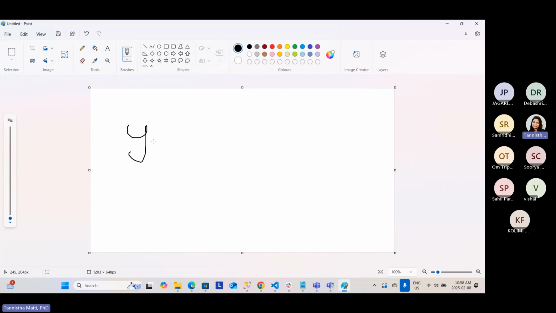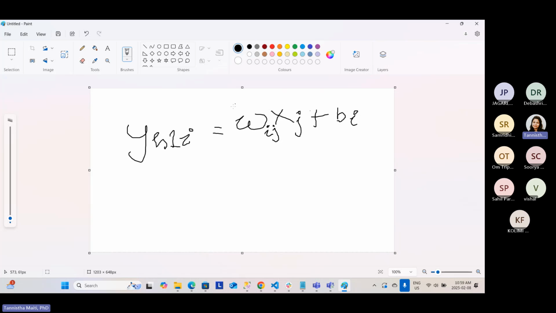So y, the ith neuron of hidden layer 1, is basically a weight w(i,j) times x, the jth input, plus c, which is basically a bias, and this bias is applied to all the neurons in the hidden layer.